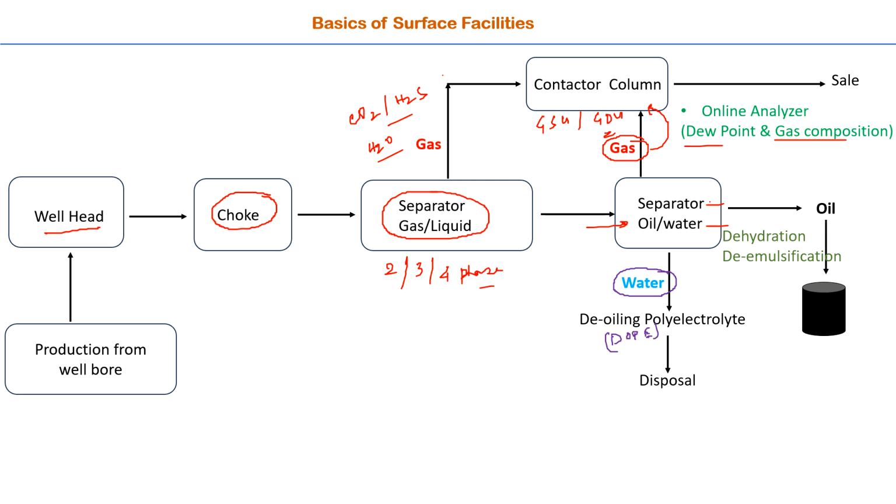So you have to treat it with de-oiling polyelectrolytes, which will remove the oil from the water, and finally this water can be suitably disposed of. So this is the entire process.